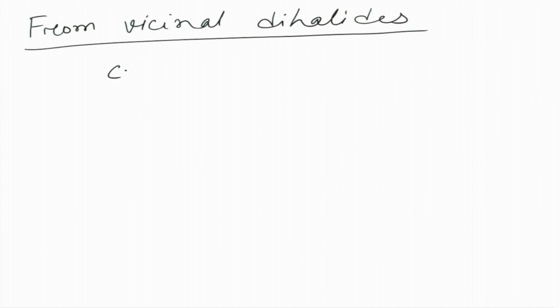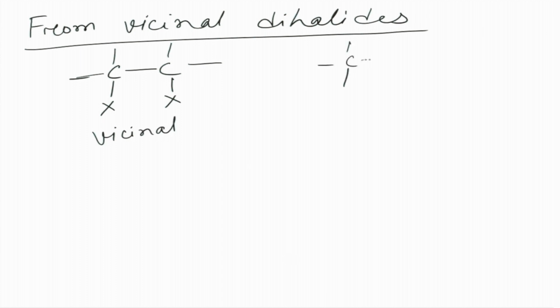So, if this is an alkane and two halide groups are there in 1,2 position, that is in two adjacent carbons, this is called vicinal. And if two halogen atoms are attached to the same carbon, then it is called geminal. So this is geminal, this is vicinal.